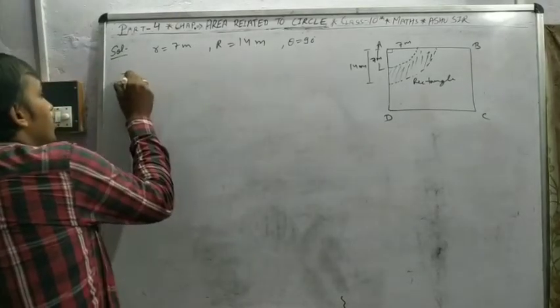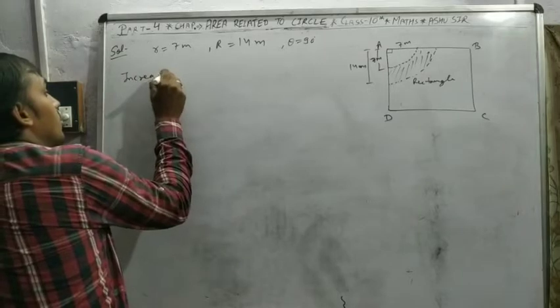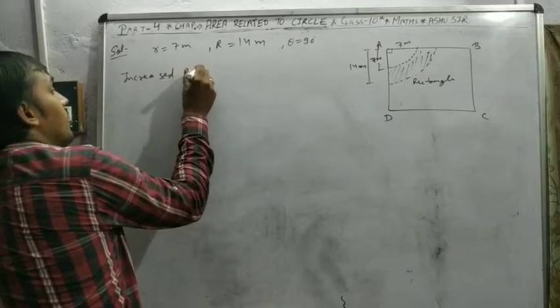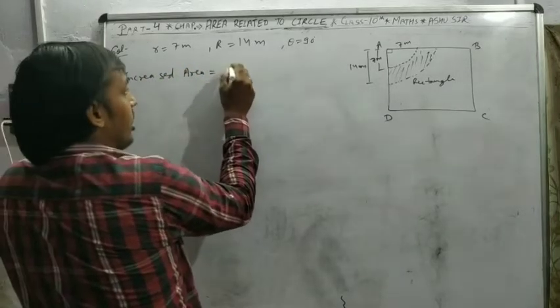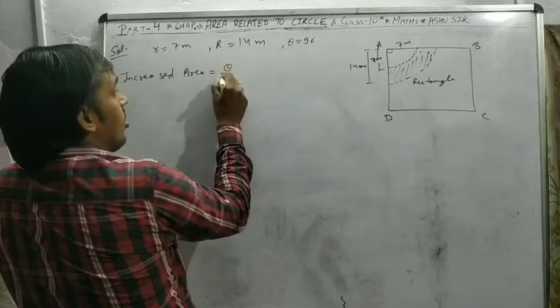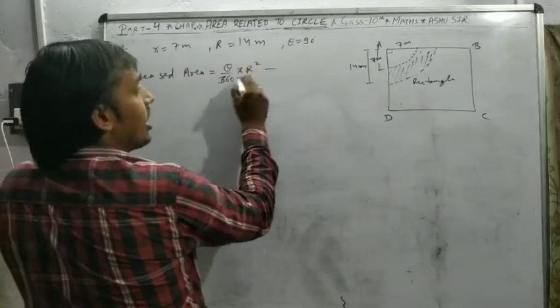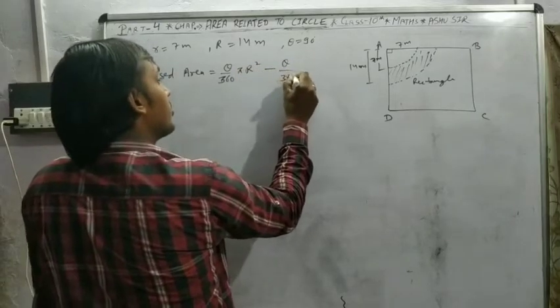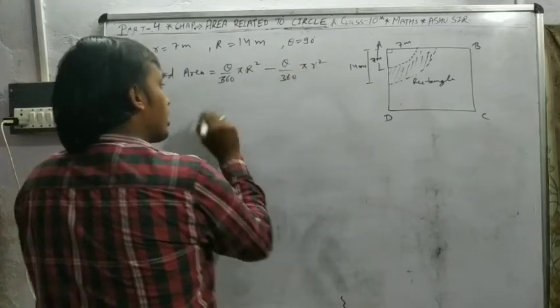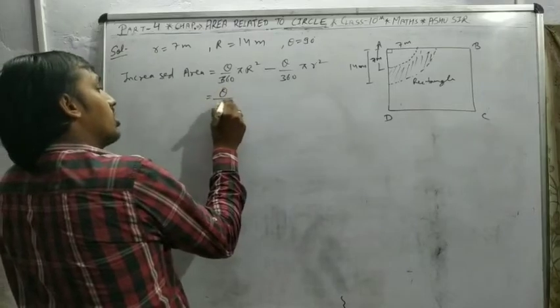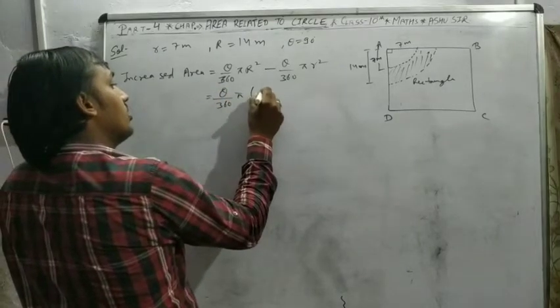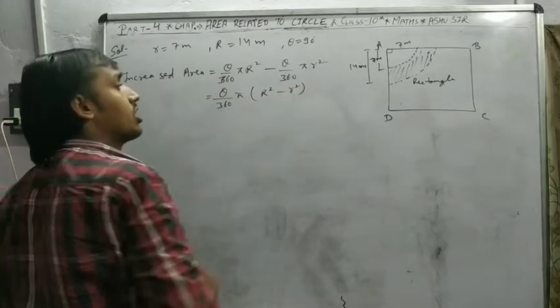So the increased area is the outer sector area minus the inner sector area. Here it is theta upon 360, pi is common, R square minus r square.